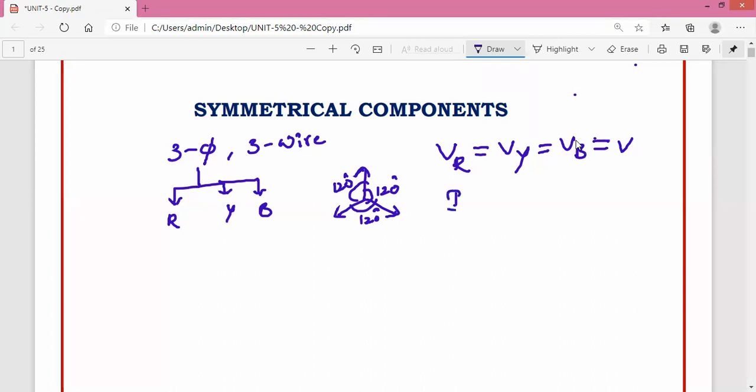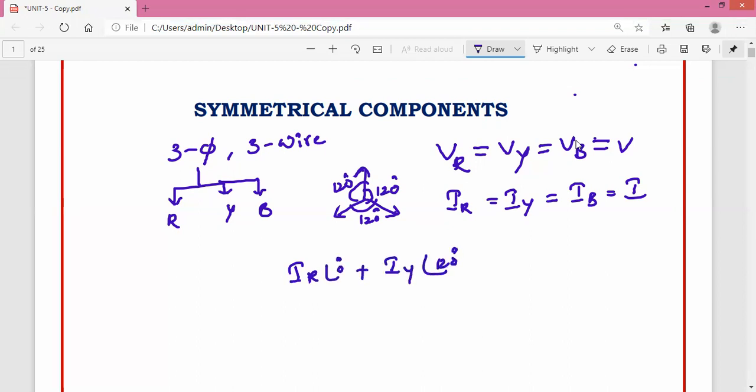Similarly, the currents flowing through phases R, Y, and B will also be equal in magnitude. So what is the use of this? When we consider a balanced system, the currents IR at an angle of 0 plus IY at an angle of 120 degrees plus IB at an angle of 240 degrees, the sum of these three phase currents will be equal to 0.